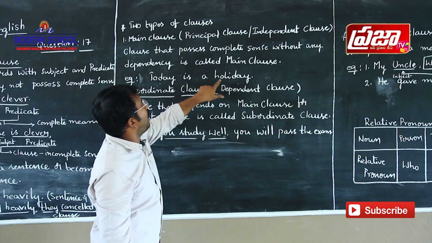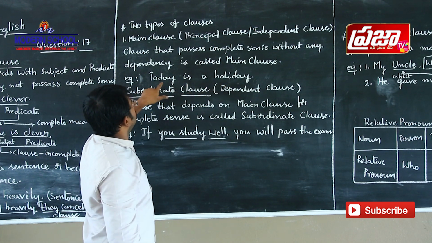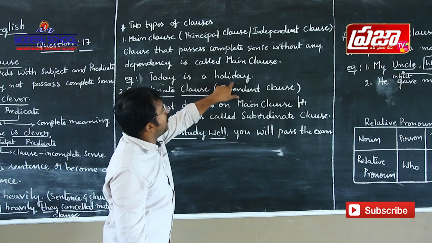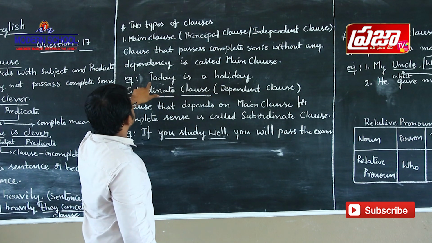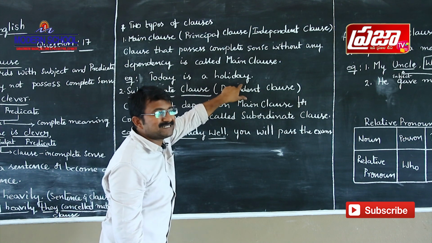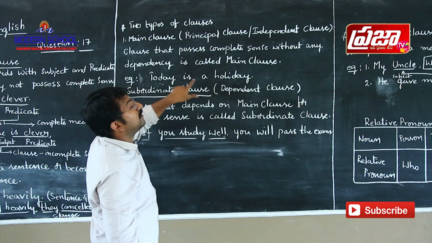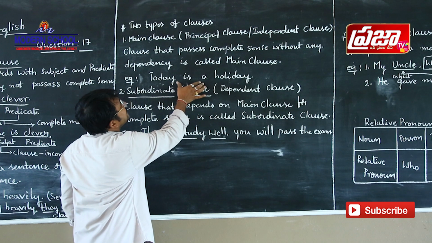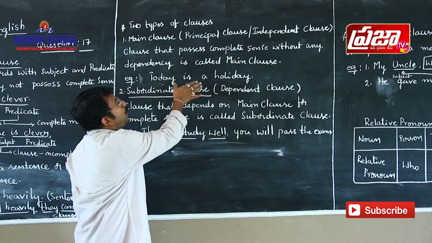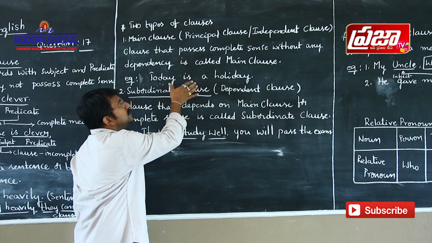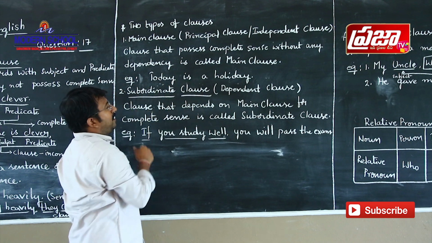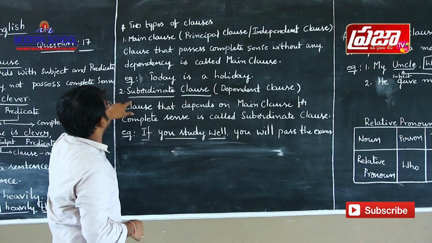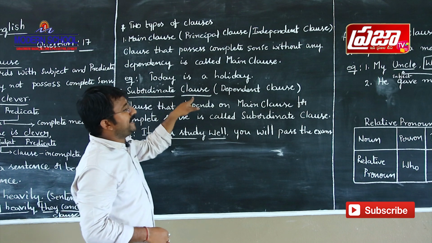Here, "today" is the subject and "is a holiday" is the predicate. The entire thing is a clause, and we even call it a sentence also, and it possesses a complete sense. So this is a main clause.